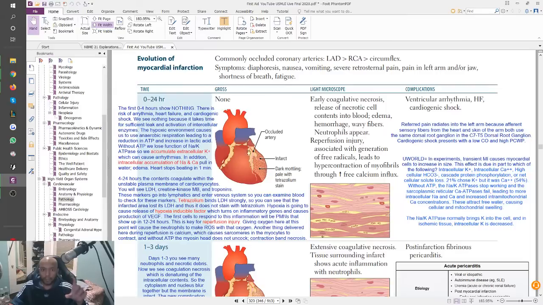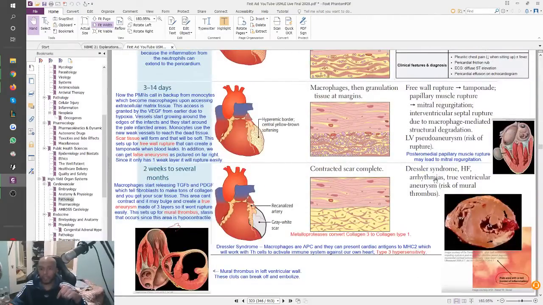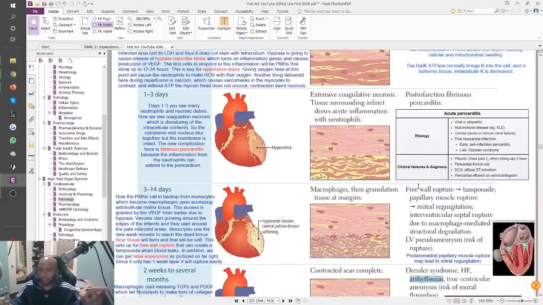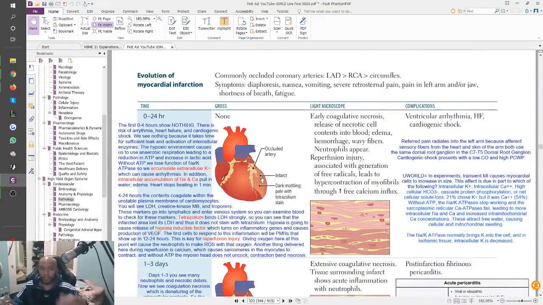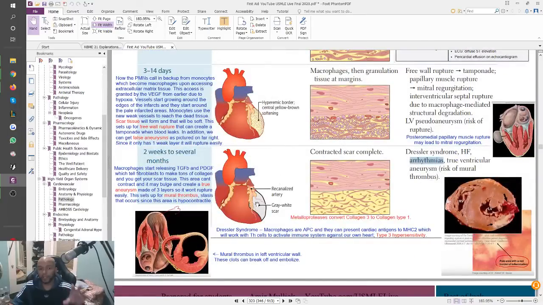Your heart after an MI is most susceptible to a ventricular arrhythmia in the first day, and then also, and most people tend to miss this, an arrhythmia in the end too, right? In the beginning, your heart couldn't contract because it got messed up. Now, your heart can't contract because it's too solid, right? Gray white scar, recanalized artery is just too solid. You could have arrhythmias here too, okay?